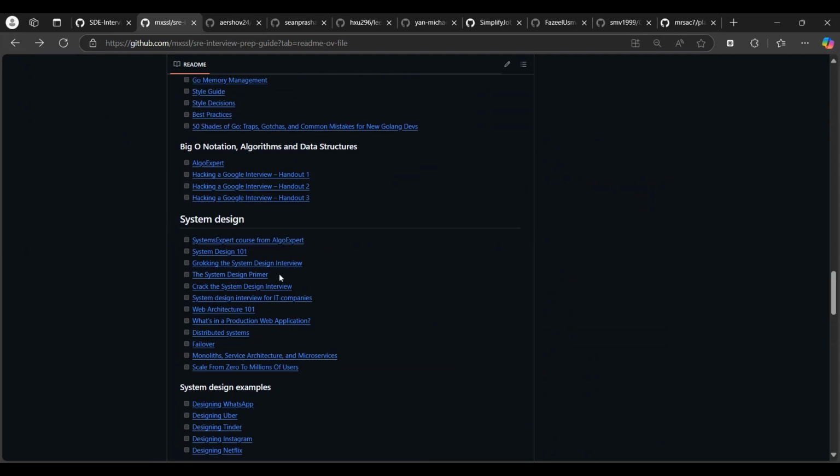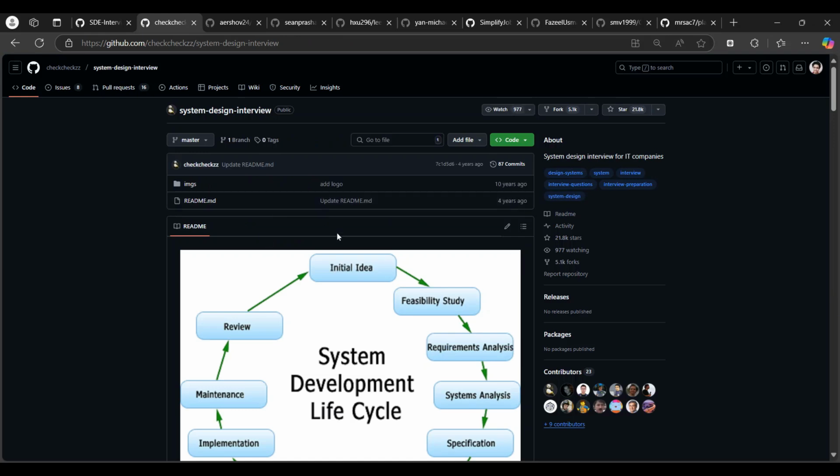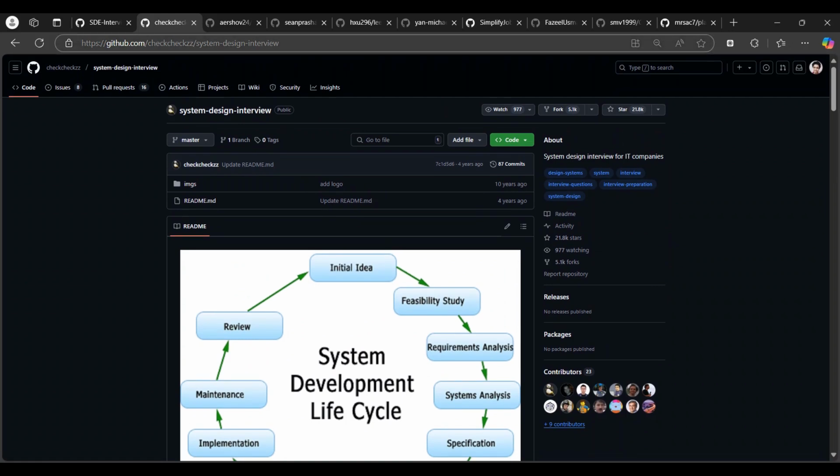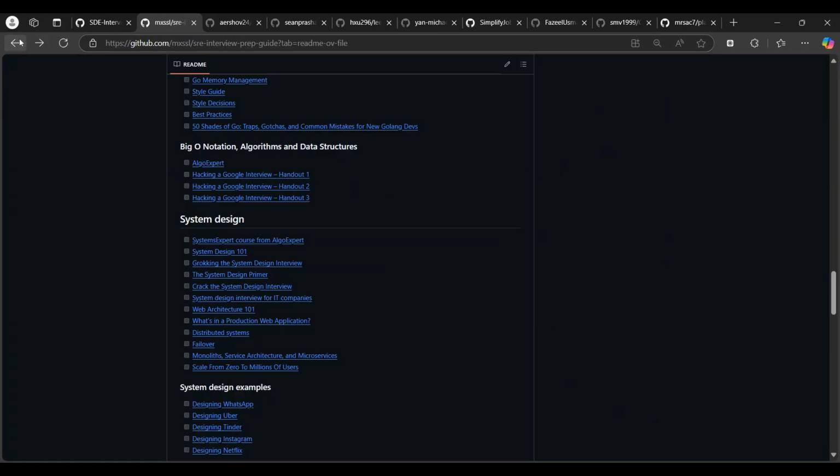If something is covered in a YouTube video, they have listed YouTube video resources. If something is covered in some other GitHub repo, I just clicked, so it is covered in this GitHub repo, and you can refer to this GitHub repo for this. In this way you can fulfill all the topics that are needed to get ready for the SRE role.